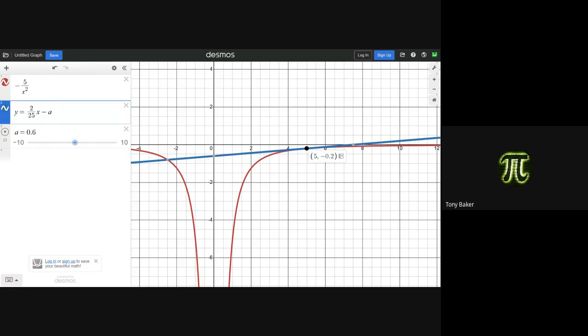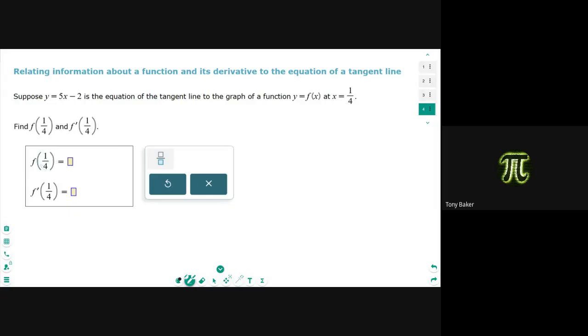The reason why is, in this question, it wants you to find f of 1/4. We don't have f of x. We do have the equation for the tangent line, and they have to be equal at that point. So you're going to plug x equals 1/4 into the tangent line equation.